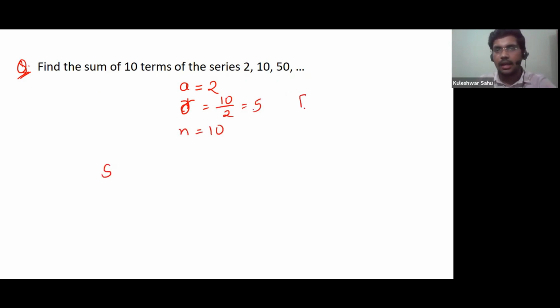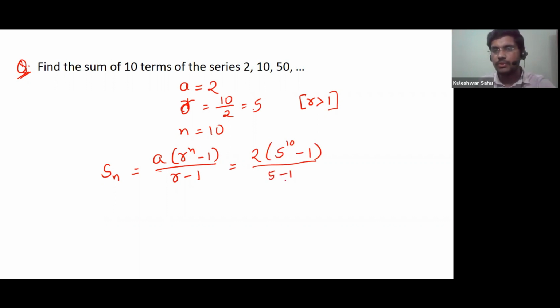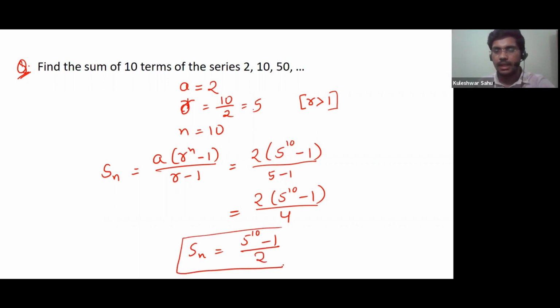Since r is greater than 1, we'll be using the formula Sn is equal to a (r^n - 1)/(r - 1). 2 into (5^10 - 1)/(5 - 1). 5 minus 1 is 4. 2 (5^10 - 1)/4, which we can write as Sn is equal to (5^10 - 1)/2. That is our sum of n terms, or we can write S10 in the place of Sn as well.